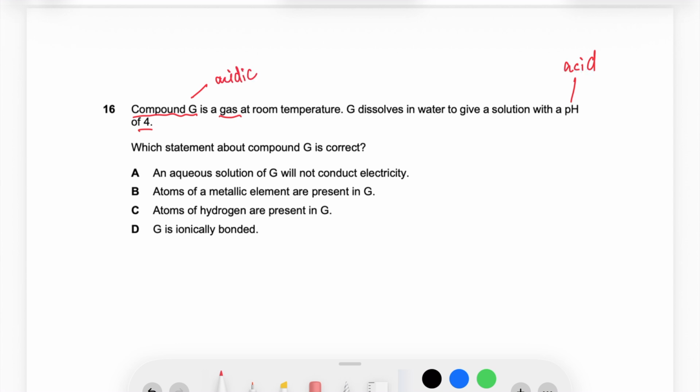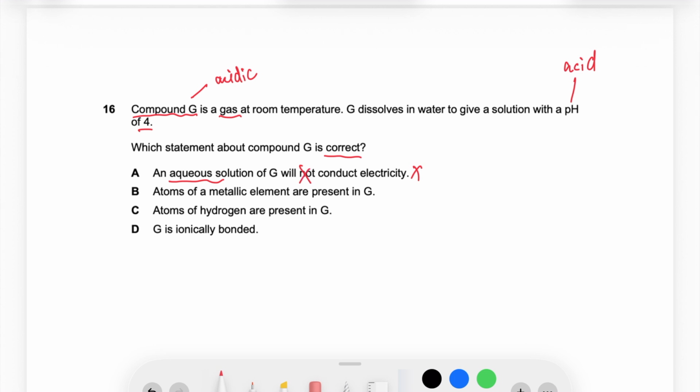Which statement about compound G is correct? It dissolves in water to give you an acid. Aqueous solution of G will not conduct electricity. No, it will conduct because it's aqueous, with mobile ions.